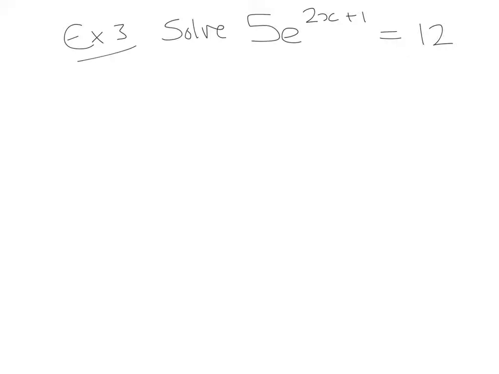The first thing we need to do is divide by 5. So we would be left with e to the 2x plus 1 equal to 12 divided by 5. So we've isolated the exponential function. And 12 divided by 5 is 2.4. So we can rewrite that.